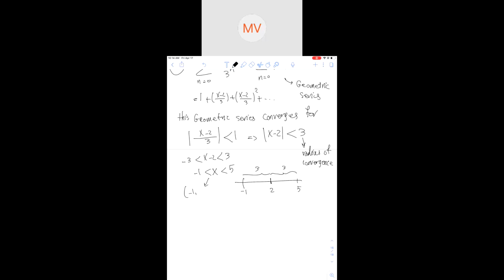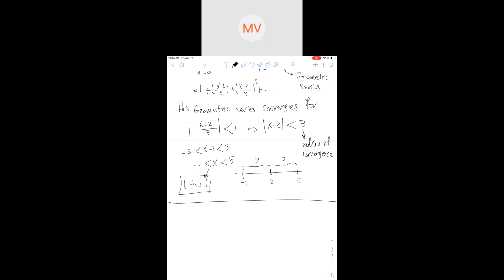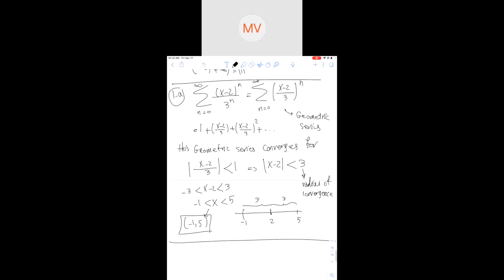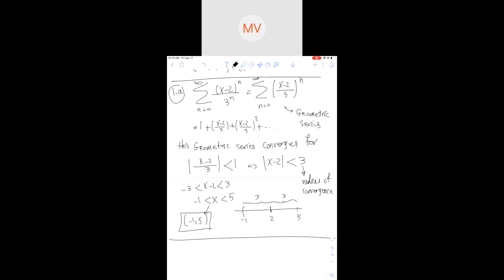So the interval is negative 1 to 5. Okay. If you set up the limit, this would be the answer of the limit, like if you simplify b n plus 1 over b n, the rest of it is there.